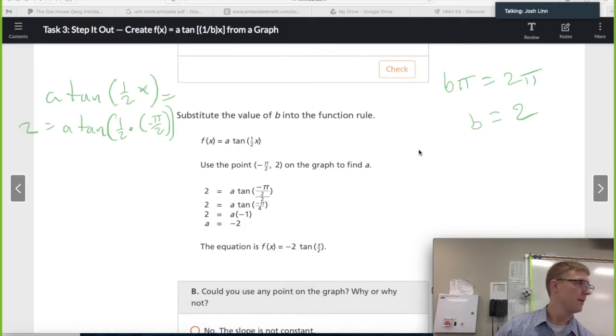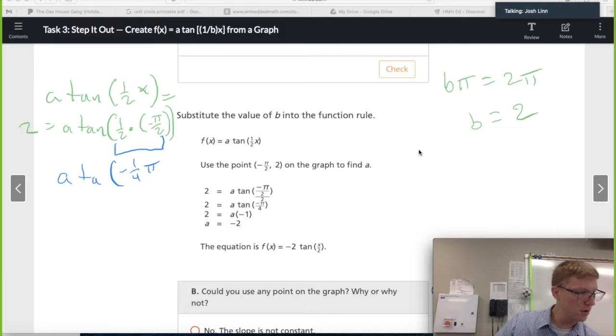So I'm going to look at my little unit circle. Once I simplify all of this, we're going to have a tangent of negative 1 over 4 pi, or negative pi over 4.